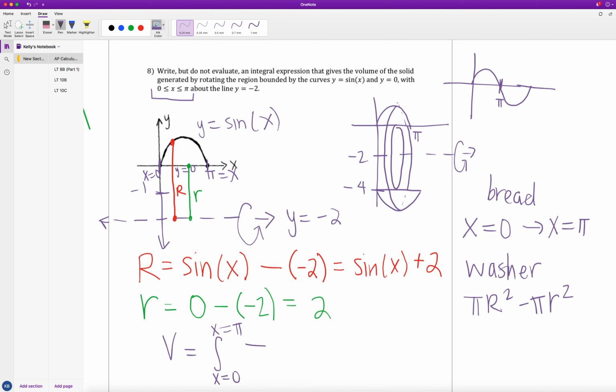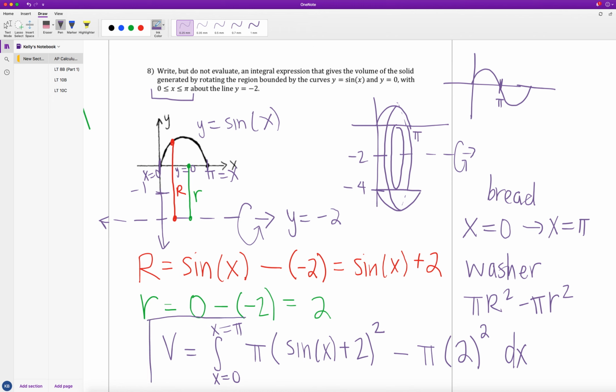And I have pi times my big radius squared, which is sine of x plus 2 squared, minus pi times my little radius squared, which is just 2 squared. And if you want to, you can simplify that down to be 4. That right there is our final answer for the volume for this guy.